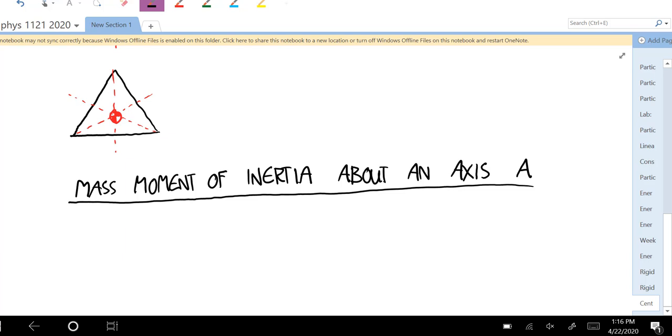The way I defined mass earlier, before we used Newton's second law, was an object's resistance to acceleration. Well, you can think of the mass moment of inertia as an object's resistance to rotation about that axis A.